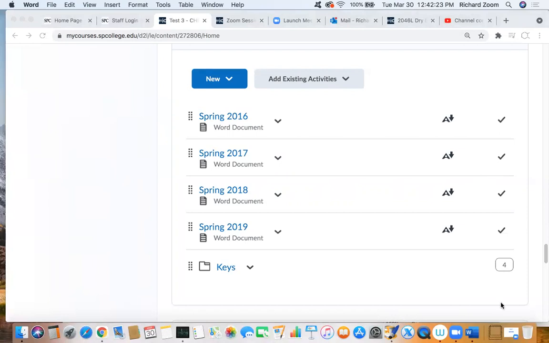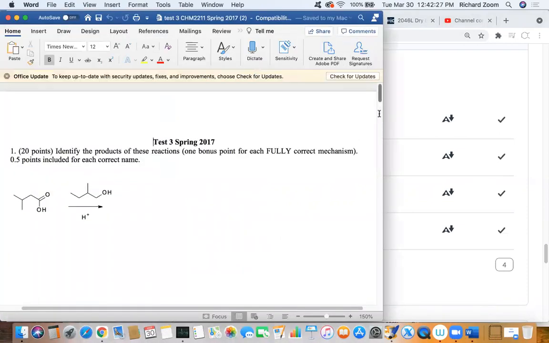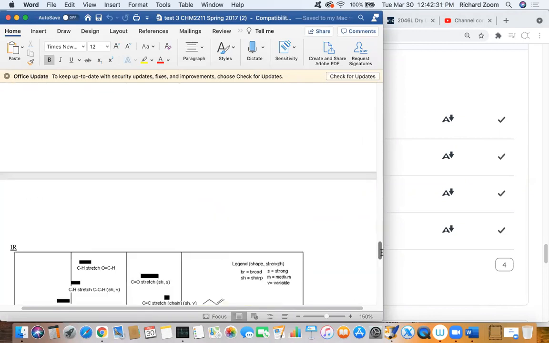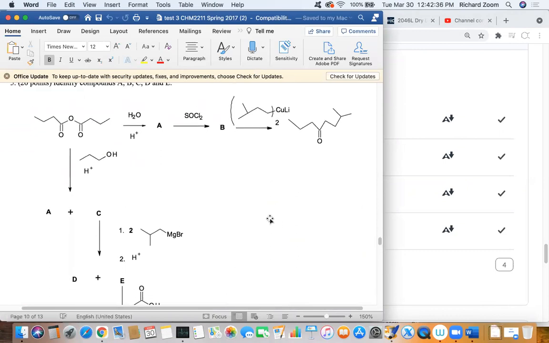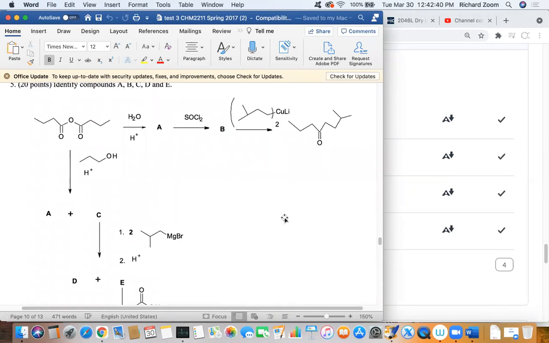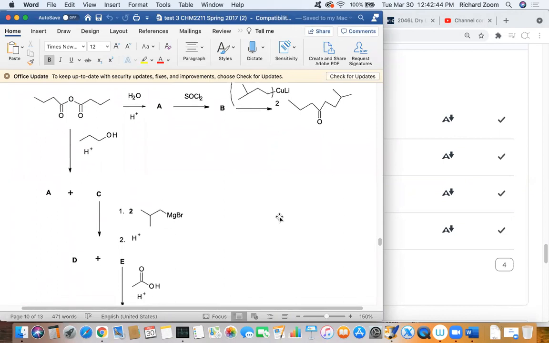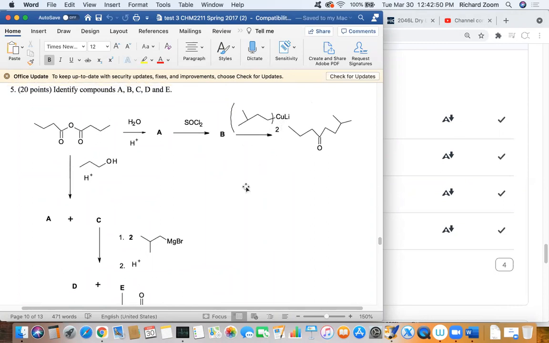Let's take a look at spring 2017. Okay. So you know that lithium aluminum hydride reaction, you'll see that in a certain number of these roadmaps. You'll also see this one too, with the copper lithium here.